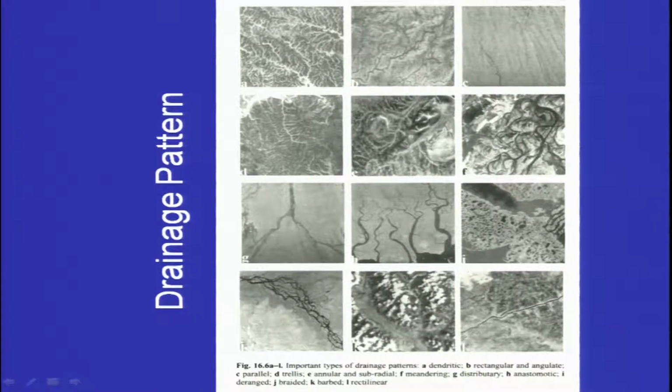Either the drainages are flowing in the folded terrain where you have weak and harder rocks. And some of the examples are parallel drainages which are very similar to the consequent drainage, which are developing over the slope.